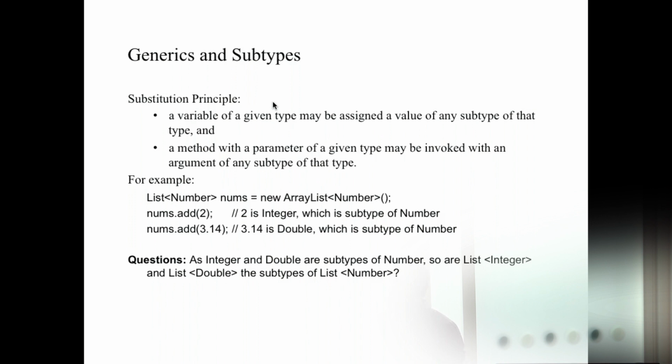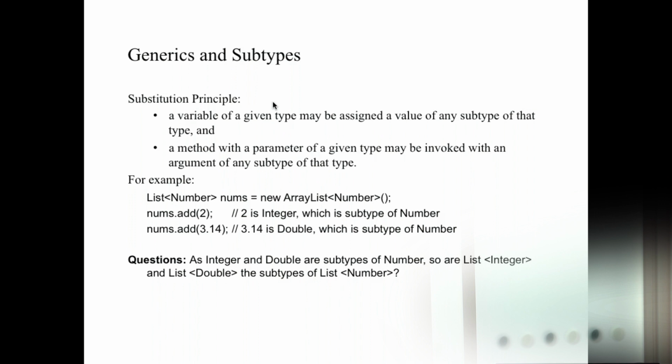Can we point to them by using a List of Number? At first glance, we see that okay, this is the same List, and then we have Integer and Double, which are subtypes of Number. So maybe the same principle can apply, but no.